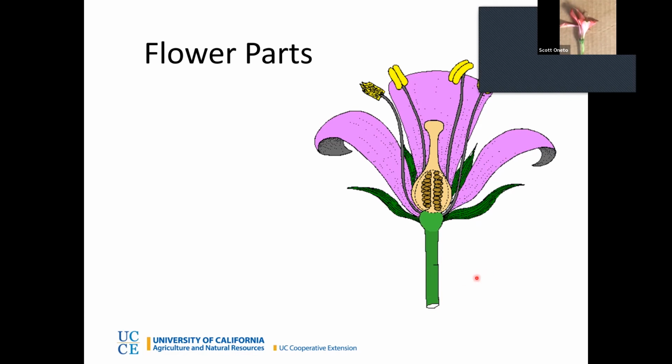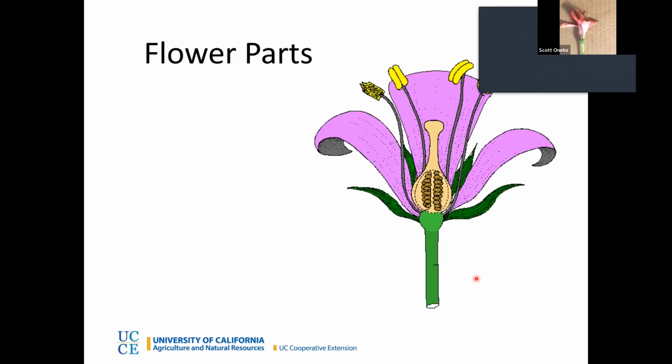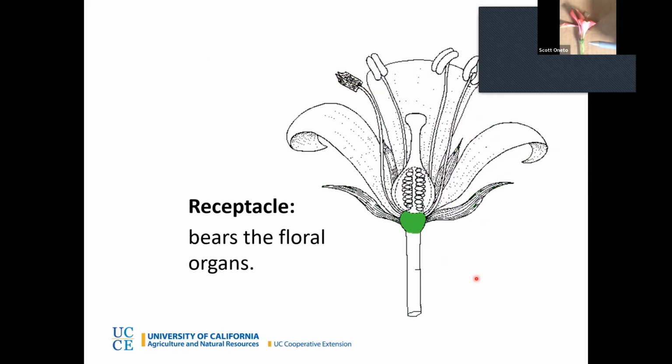Here you can see the pedicel on the Alstroemeria. Going up the pedicel, we often get to a fairly defined point called the receptacle. In this case, it's this little swollen area of still greenish tissue. That's the receptacle, and that's where pretty much all the other floral parts come and attach.